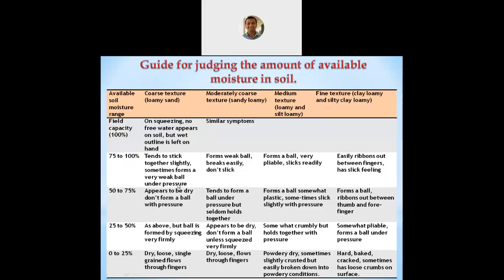That means after we form a ball in our hand, the soil tends to break in the case of a coarse textured soil, whereas in the case of a fine textured soil like silty clay loam or clay loam, we can make ribbons out of the soil which has a slick feeling. So based on this, it can be estimated that it is somewhere between 75 to 100% of the field capacity.